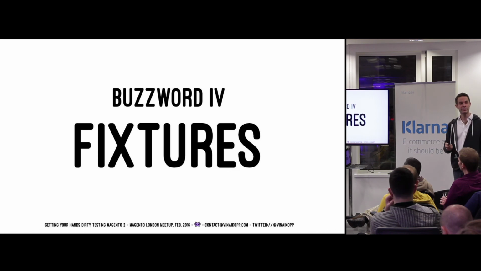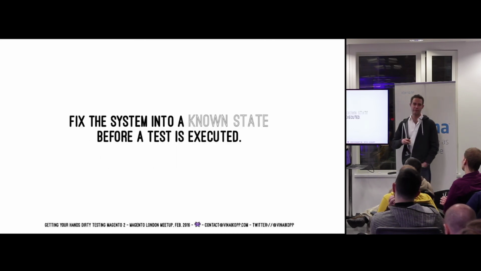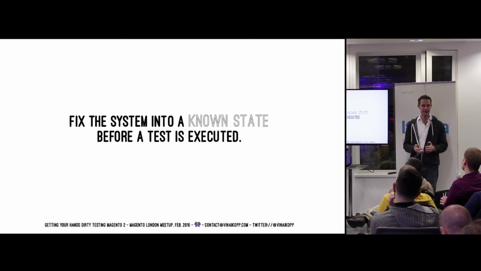And another very important part the testing framework does is fixtures. So what's a fixture? A fixture fixes the system into a known state before the test is executed. That's important because if I don't know what state my system is in, the test might fail. But yesterday it worked and I didn't change anything.